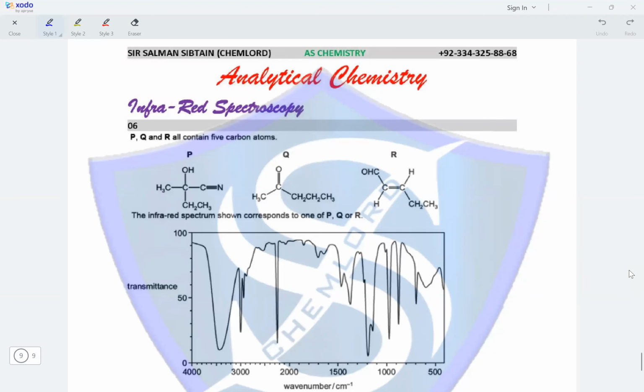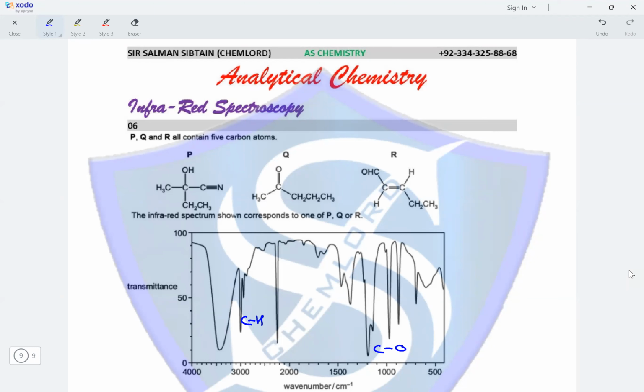Question 6. P, Q, and R all contain 5 carbon atoms. P is a hydroxynitrile, Q is a ketone, and R is an alkene and an aldehyde. The infrared spectrum shown corresponds to one of P, Q, and R. So identifiable peaks: we have a C single bond O, we've got a CH, which is there in all three compounds.